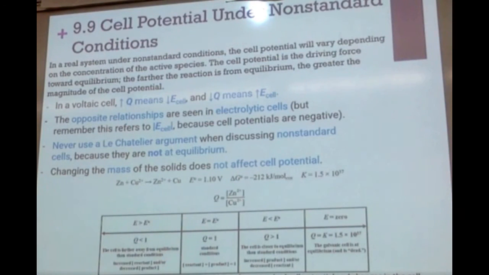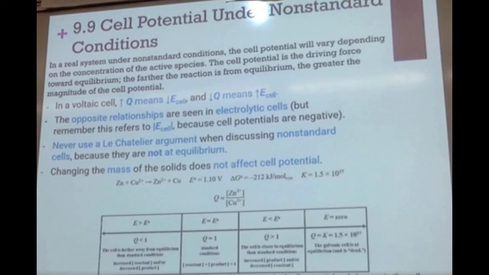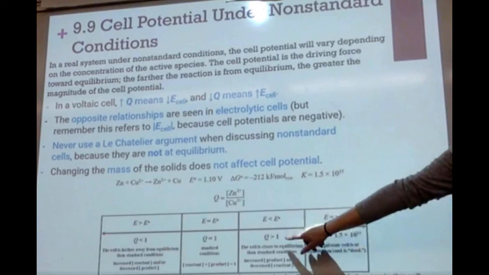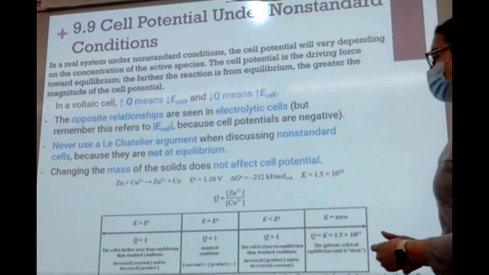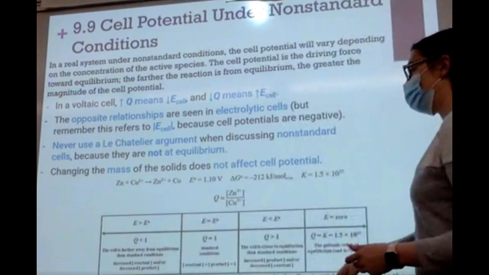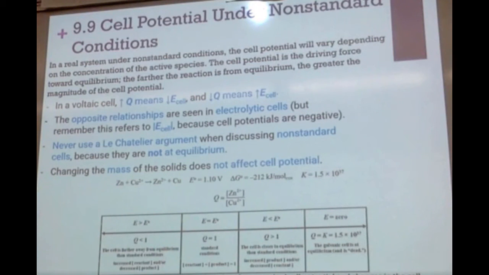Because the higher your value of Q, the closer to the equilibrium constant you are, and the closer to equilibrium you are. Closer to equilibrium, the lower the cell potential. If Q is really small, that means you're further from the equilibrium constant. You're further from equilibrium, so you're going to have a greater cell potential.